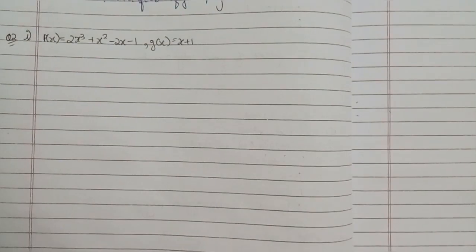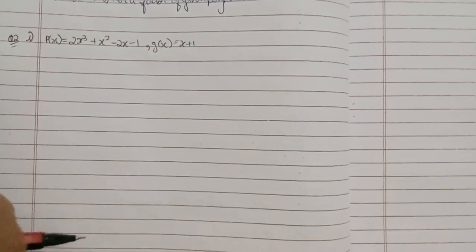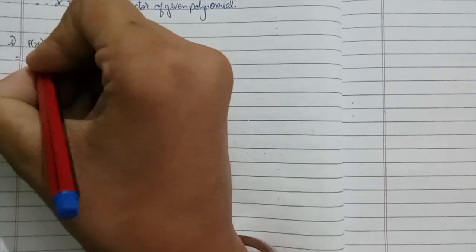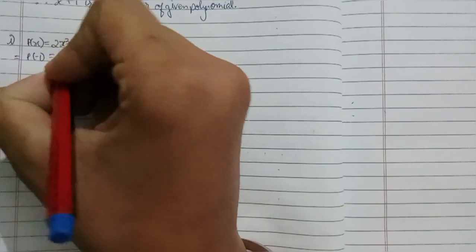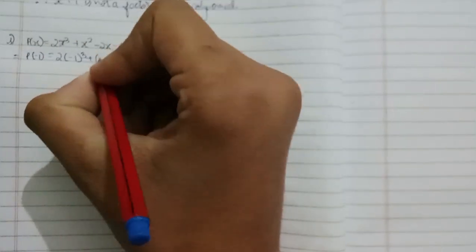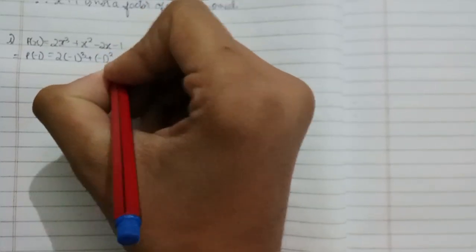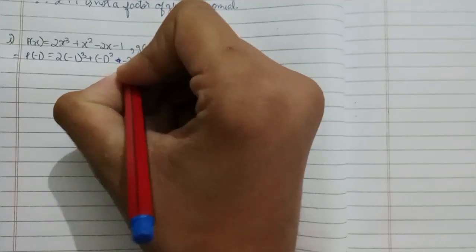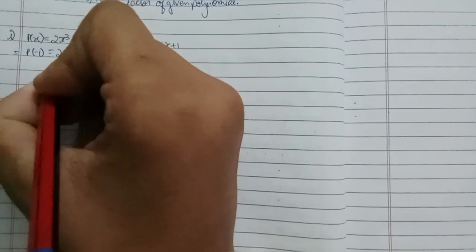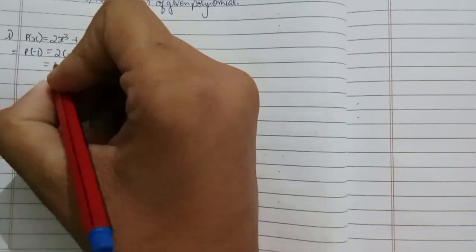In the first step we will write p of minus 1 equals 2 into minus 1 cube plus minus 1 square plus minus 2 into minus 1 minus 1.